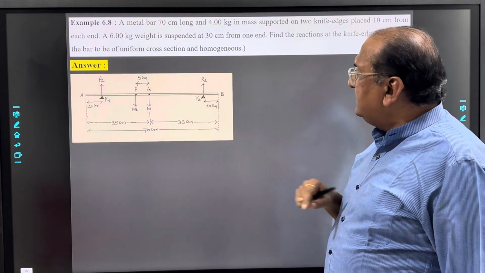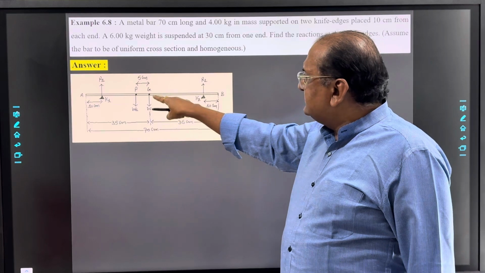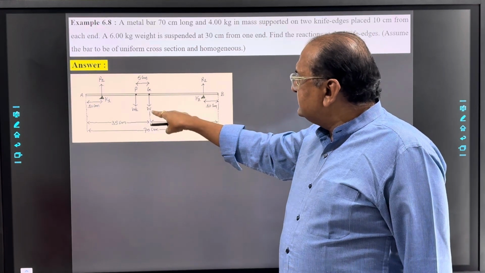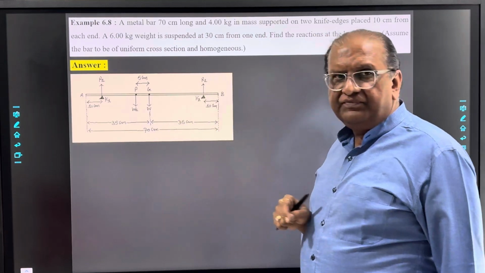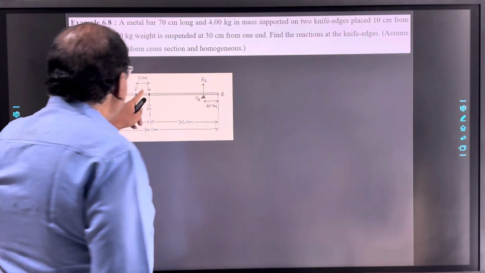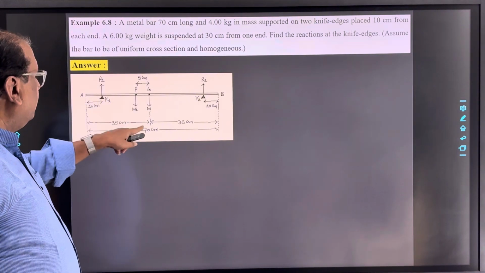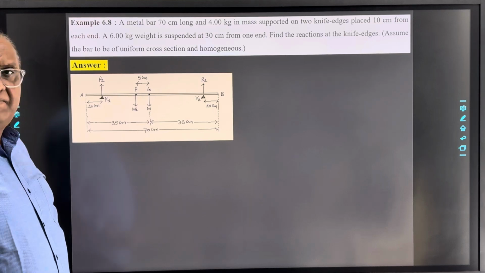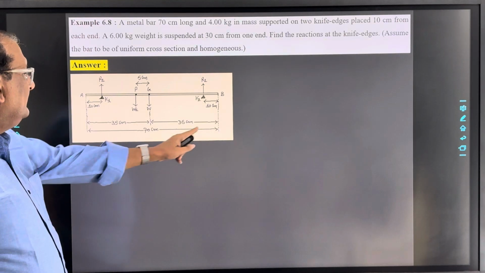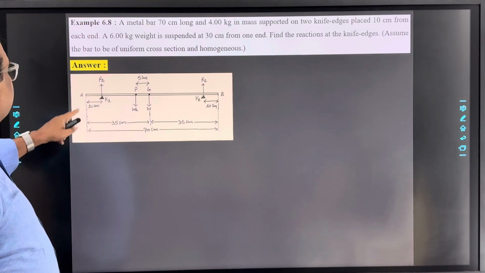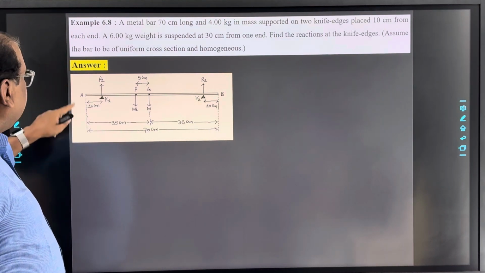So its weight, that will be from its midpoint at point G, we represent its weight W, right? Now here from the midpoint or center of mass, each end, that will be at 35 centimeter, because total length is 70 centimeter. Now knife edges are placed 10 centimeter from each end.